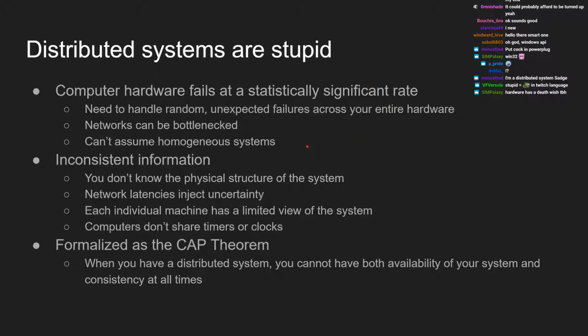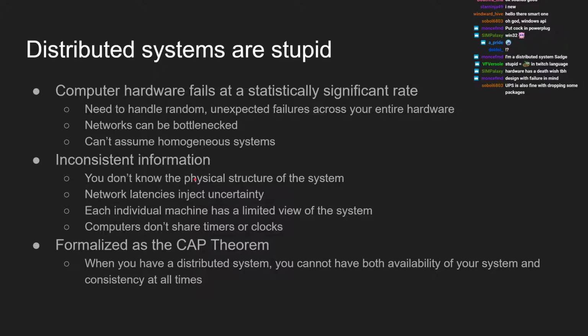Okay. So this network bottleneck part also leads to this: nodes inside your cluster have inconsistent information about the state of the world at any given time. You don't know what your system looks like, ever, at any point.